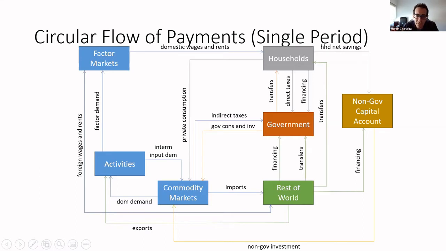So the idea of this figure is that if we introduce a change in any of the exogenous variables, like the transfers from the government to the households, that will have a direct impact on the households, but it will have indirect impact throughout the system. Like, for example, if the transfers to the households increase, the households will have more income.